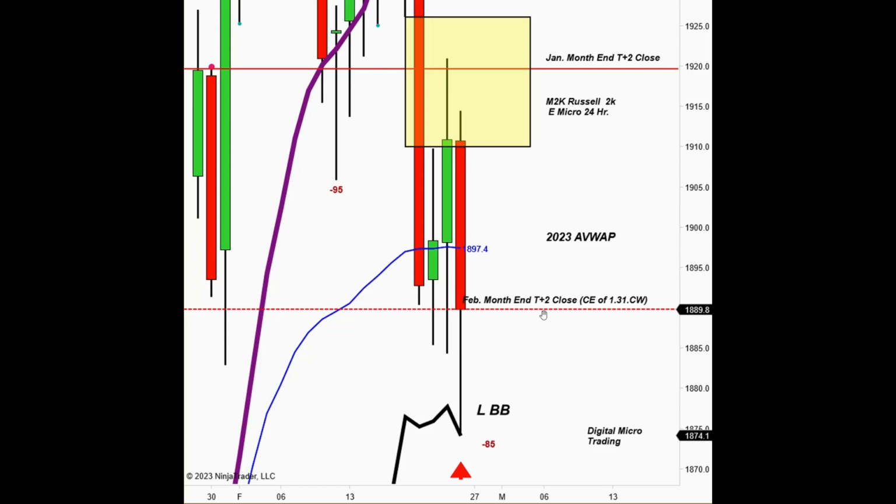Are we going to explore above it and try to reach back into the 2023 anchored VWAP? Because this is the year to date, either bullish above, bearish below, and we're going to see what that does. So that's just under the 1900 level, 1897.4. So that's about it on the 24.